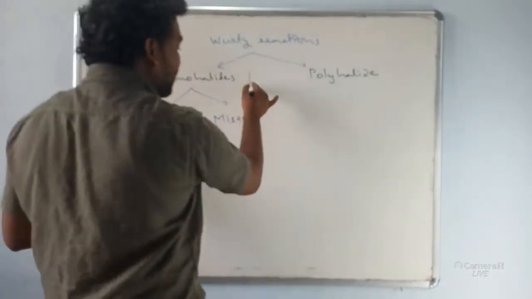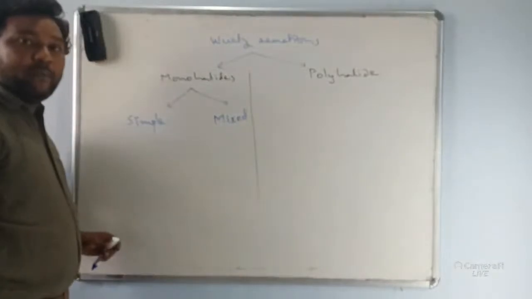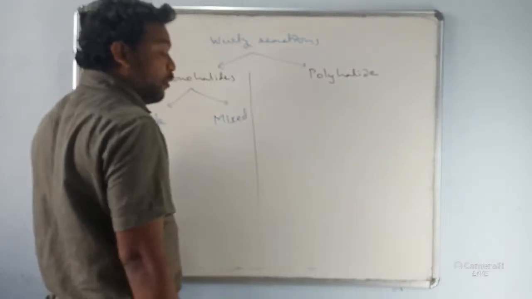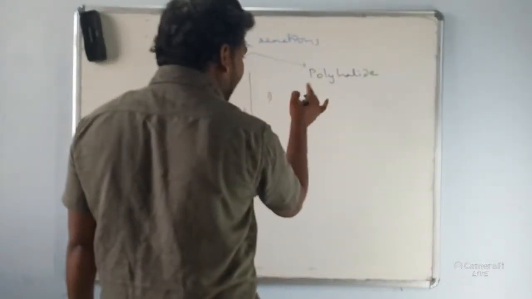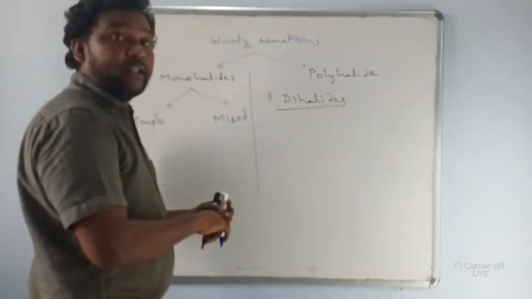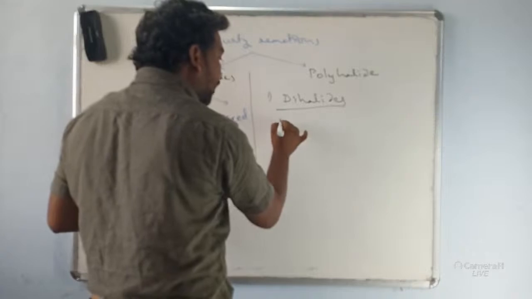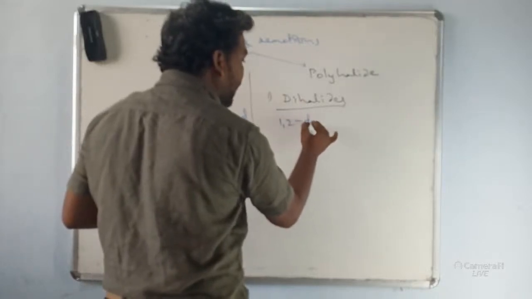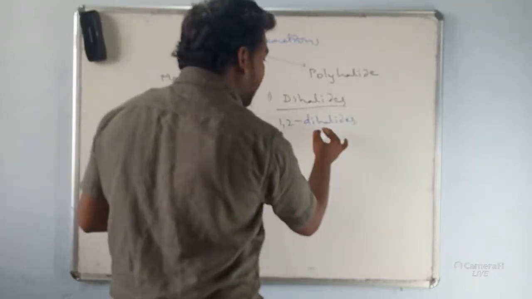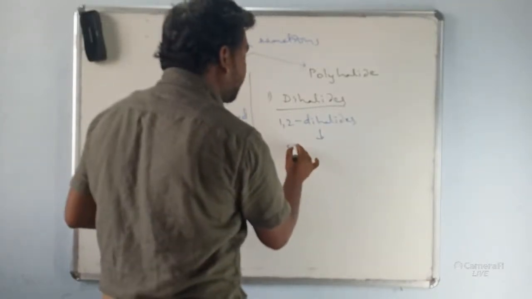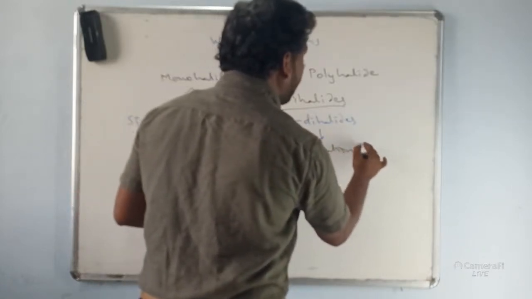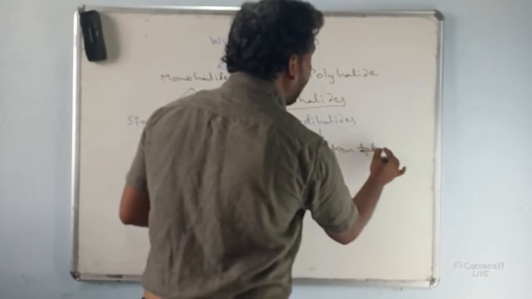Now let's discuss polyhalides. Polyhalides means which contain more than one halogen. Particularly in case of the dihalides, the important thing I am telling you is this. In the case of 1,2 dihalides, elimination takes place to give the alkene.